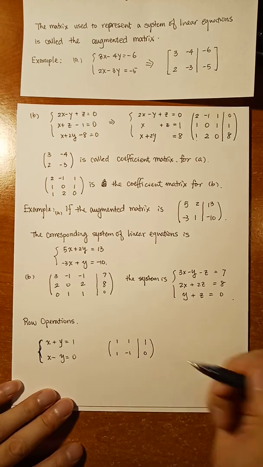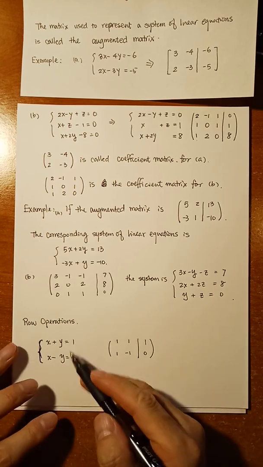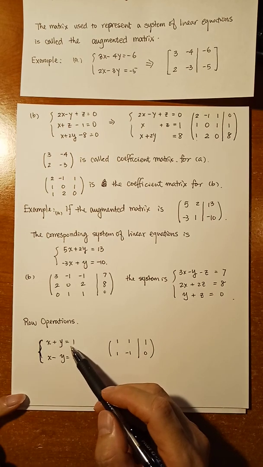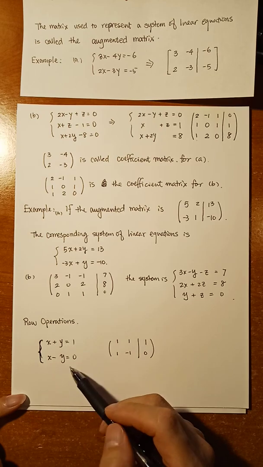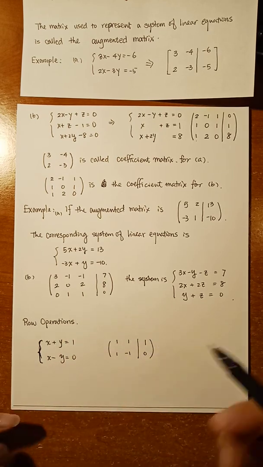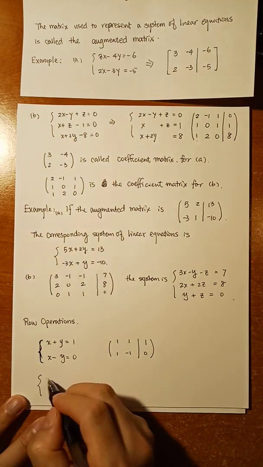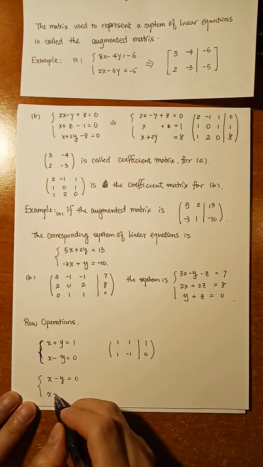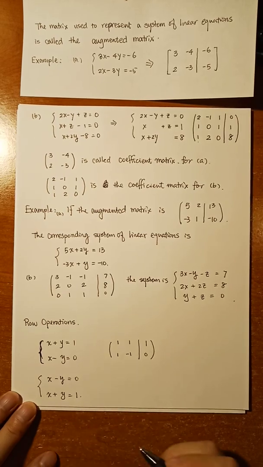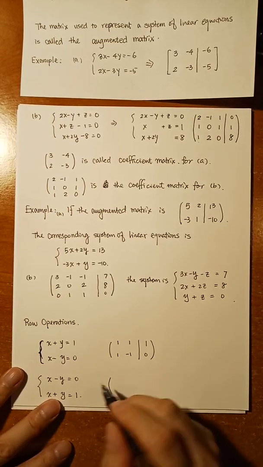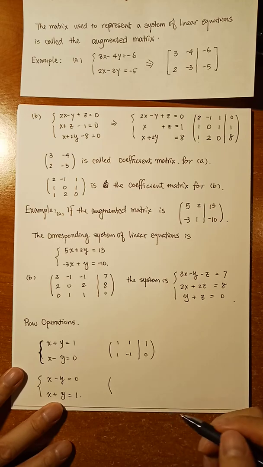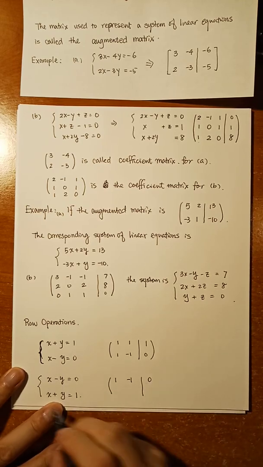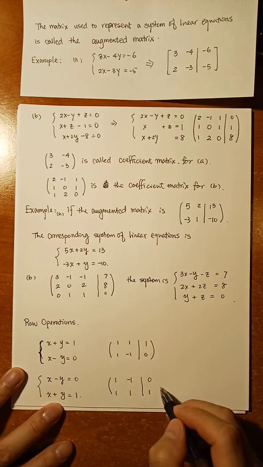This is the augmented matrix for these two equations. We can place this as the first equation, this second one, or we can switch them. If we switch them, we'll get this one. What is the corresponding augmented matrix? It is 1, -1, 0, 1, 1, and 1.